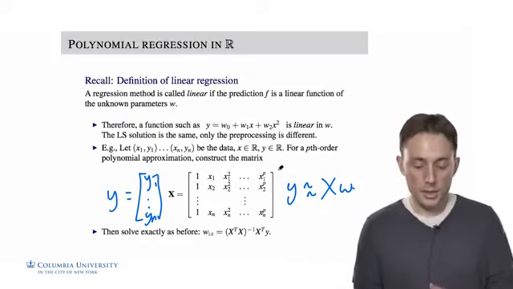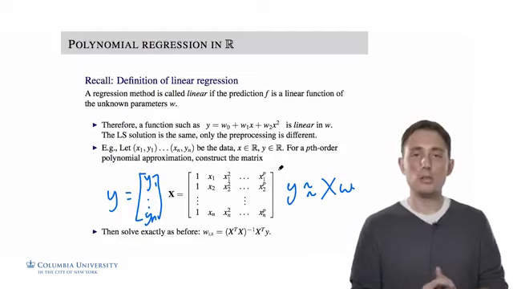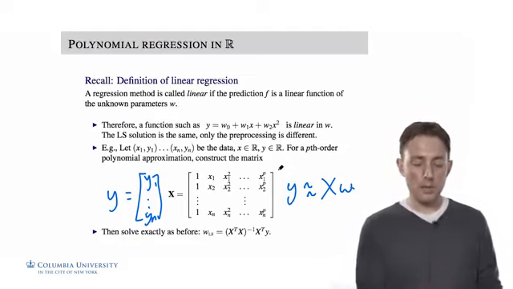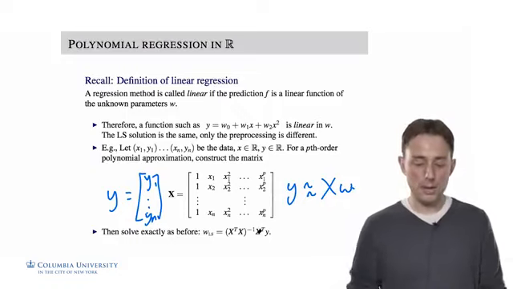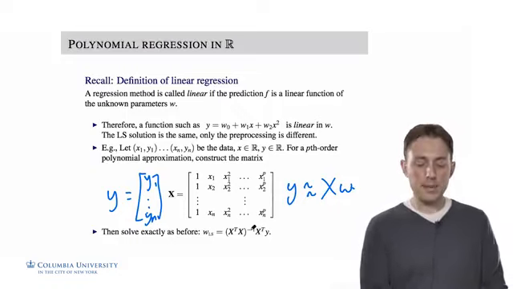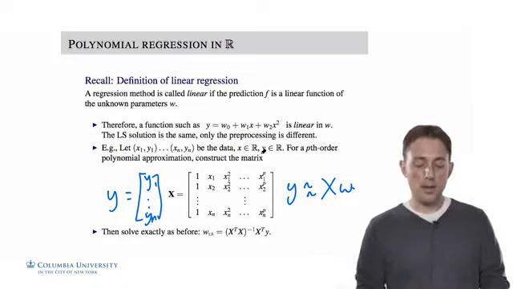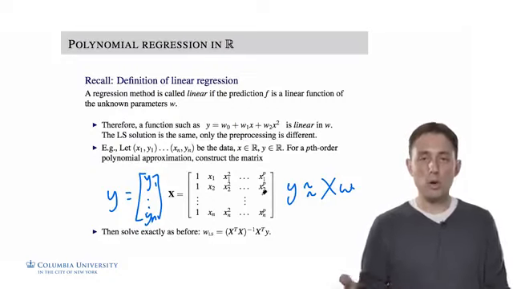So then if we set this approximation up and we want to now learn w using least squares, we follow exactly the same procedure as before, and we learn that the least squares solution is (x transpose x) inverse times x transpose times y. Except now, even though the inputs are one-dimensional in this case, the matrix that we've constructed is p plus one-dimensional.